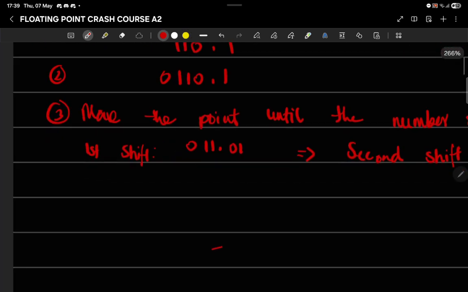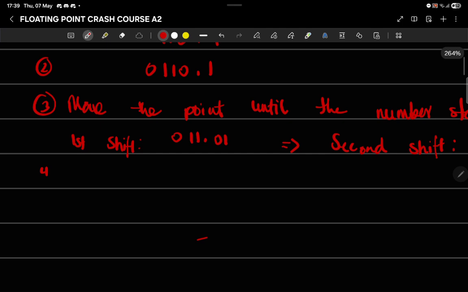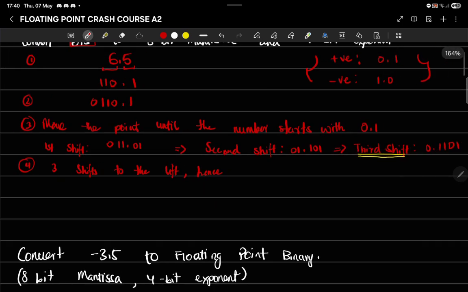So our exponent, since we shifted 3 times to the left, hence the exponent is 3.